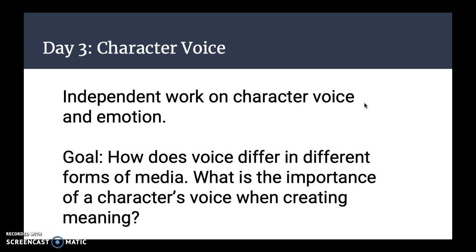So how does that voice then carry over, and why does the word choice change in a poem when it doesn't in other forms of media? So they would have a guided question and guided homework for this day to help deepen their understanding of character voice.